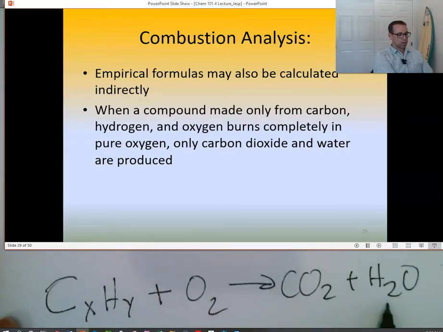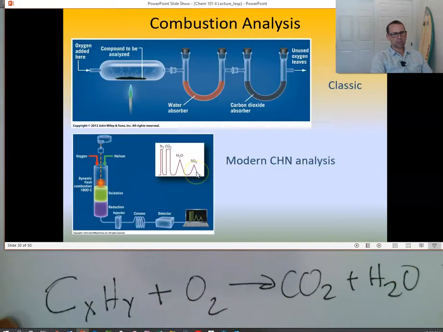So this is an example of combustion. In a combustion reaction, you allow the compound to interact with the oxygen in a tube like this, some sort of container, with heat provided. Just like paper or wood, if you get it hot in the presence of oxygen, it will burn. And when it burns, it produces carbon dioxide and water.